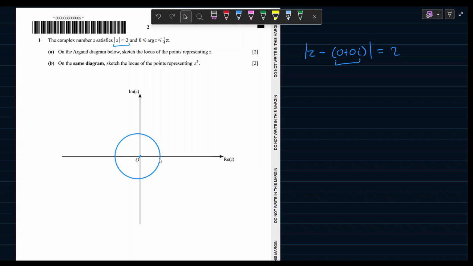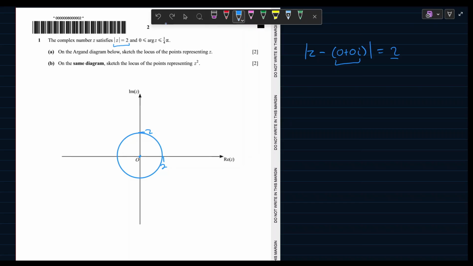Let me see if I can get it bang in the middle. Maybe a little bit left, slightly somewhere here. I think that's decent enough. And this should be 2 units, and this should also be 2 units because our circle has radius 2.